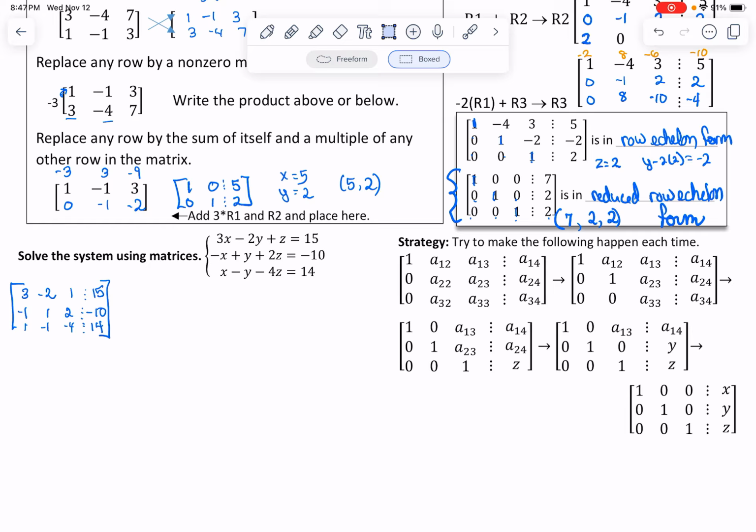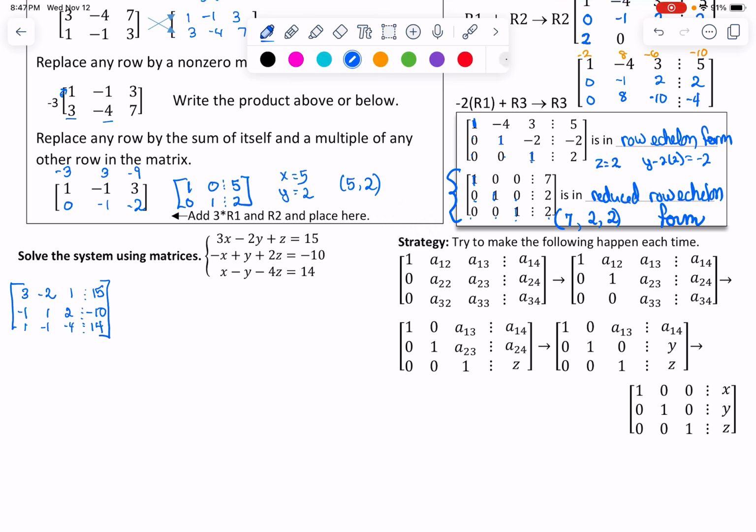So anytime that we are multiplying another row by something to eliminate a value somewhere else, that 0 is not going to impact anything. It's not going to add value to anything. So we want to try to get, very first of all, this 1, 0, 0 as the first column.